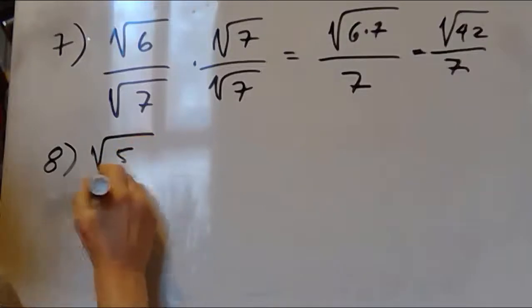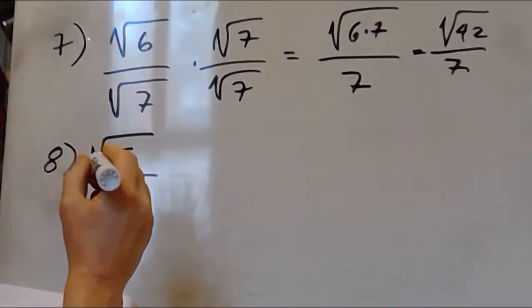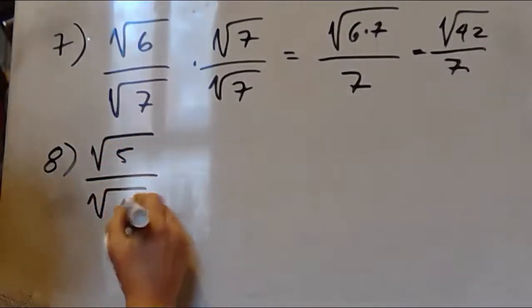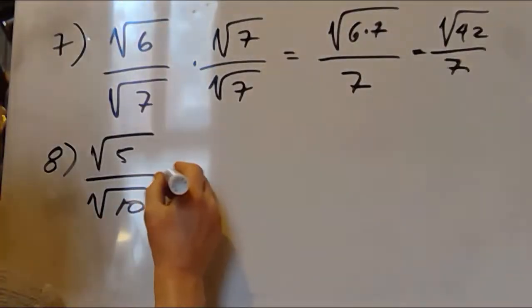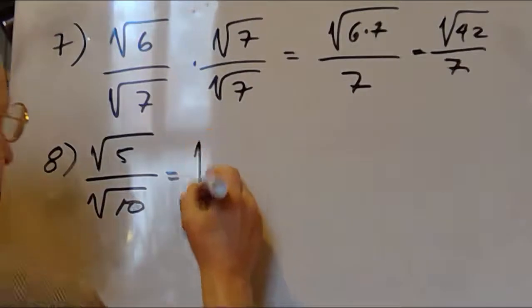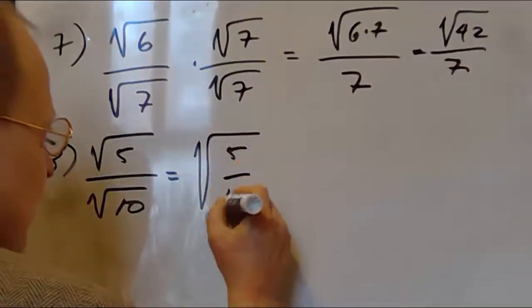Square root of 5 over square root of 10. Well, I can maybe make it a little bit simpler by doing this: 5 over 10 under one radical.